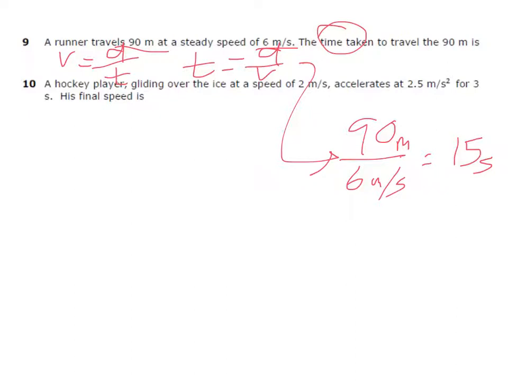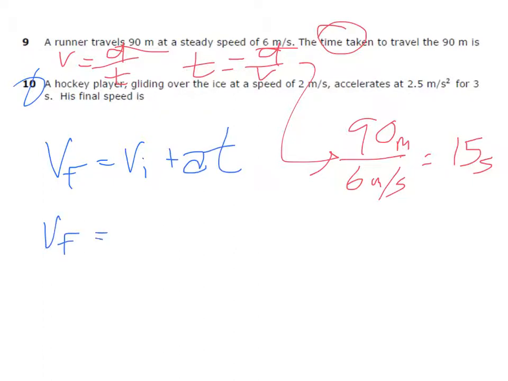Number 10, right here, a hockey player gliding over the ice at a speed of 2 meters per second accelerates at 2.5 meters per second squared for 3 seconds. His final speed is what? Well, we're going to use this equation. The final velocity is equal to the initial velocity plus a times t. So the final velocity is equal to his initial velocity, 2 meters per second, plus the acceleration, which is 2.5 meters per second squared times 3 seconds.